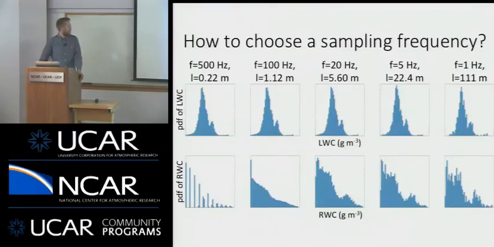I would really love to talk to someone who has experience in how you actually determine where you have a significant PDF. I don't know what's the best thing to use here. All I know is that this is clearly not good at 500 hertz. So that's worth looking at.